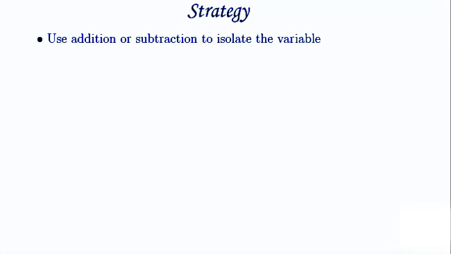The strategy to be used in algebra is that you're going to use these principles, the addition and subtraction principles, to isolate the variable. When we say isolate a variable, what we mean is that you want to get it alone on one side of the equation.